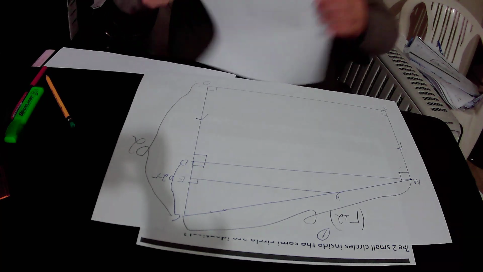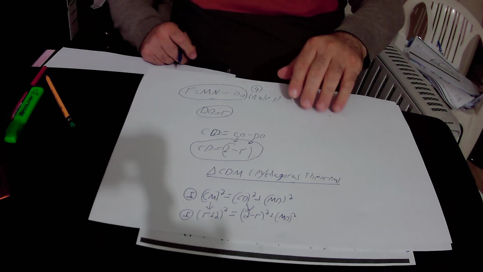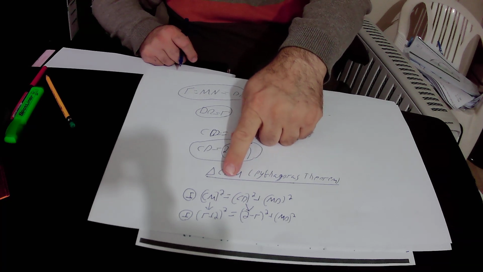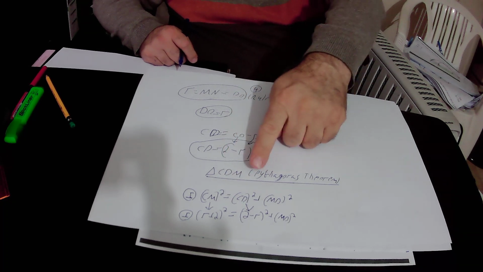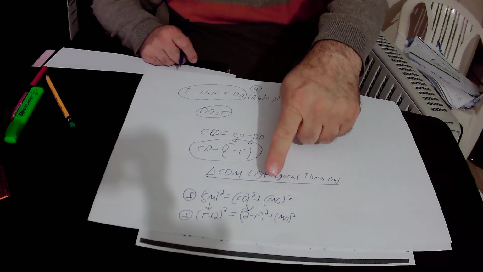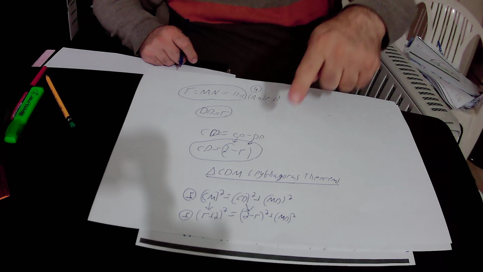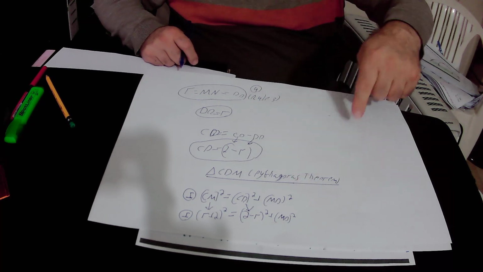I'll repeat again. CM equals R plus 2, so CM squared is (R plus 2) squared. CD equals 2 minus R, therefore CD squared equals (2 minus R) squared, plus MD squared.